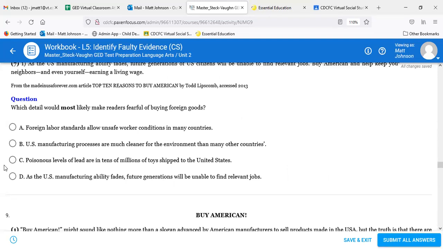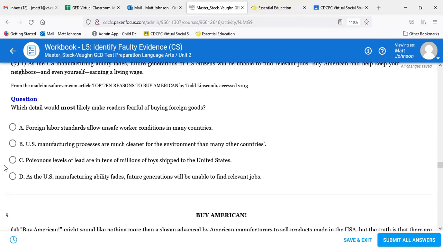Which detail would most likely make readers fearful of buying foreign goods? A. Foreign labor standards allow unsafe worker conditions in many countries. B. U.S. manufacturing processes are much cleaner for the environment than many other countries.